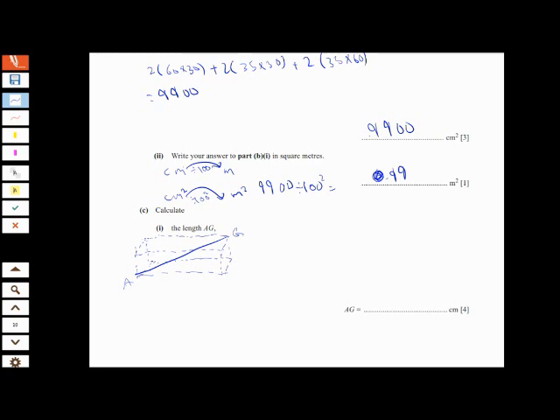Anyways, in order to find this length, basically this is a triangle inside. This one is 30. This one right here we don't know, but we do know that this is 60 and this is 35.